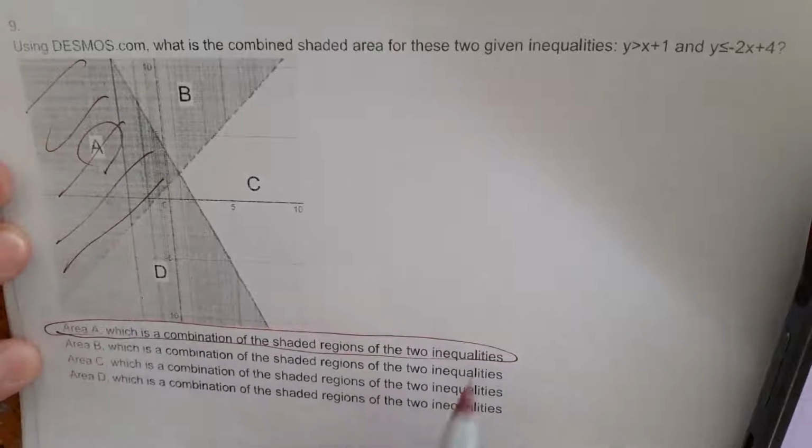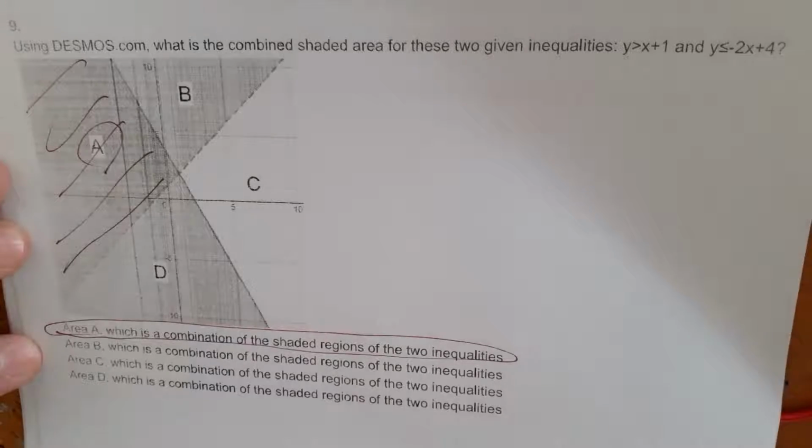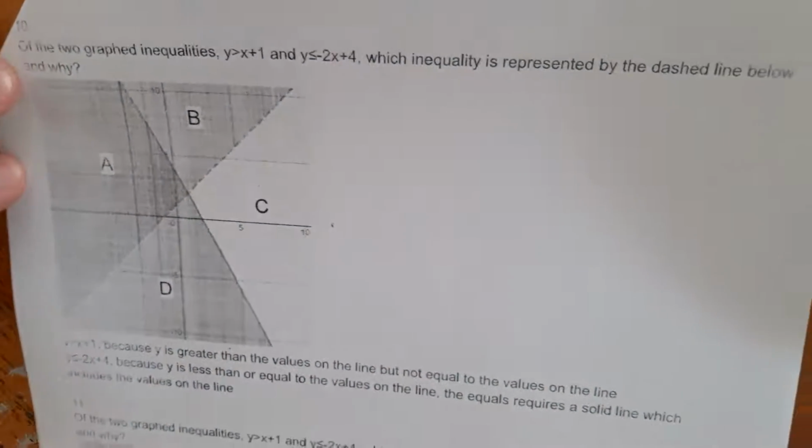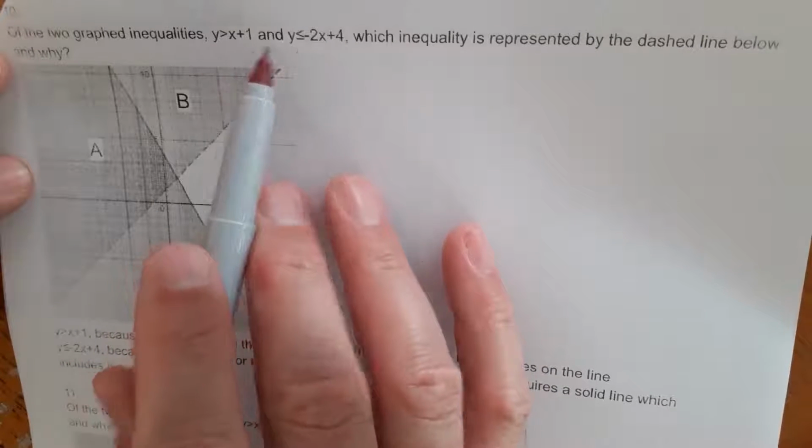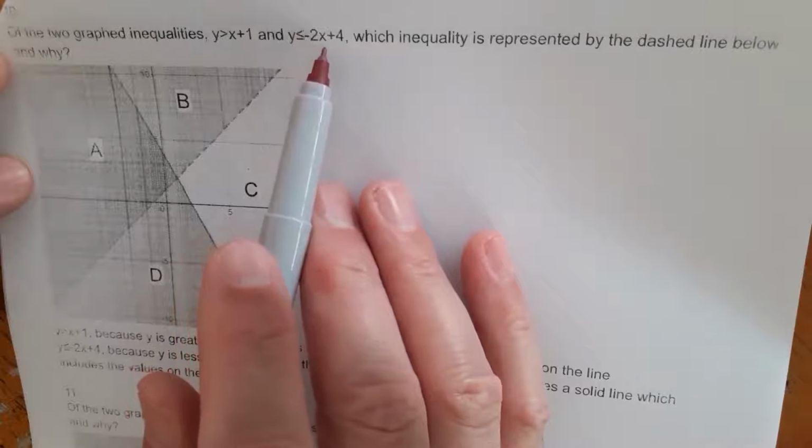So area A, which is a combined shaded region of the two inequalities, would be the solution to our system of inequalities. Of the two graphed inequalities, y is greater than x plus 1 and y is less than negative 2x plus 4.